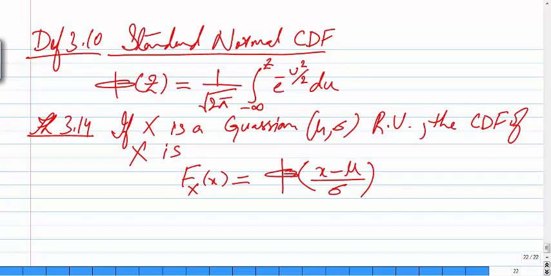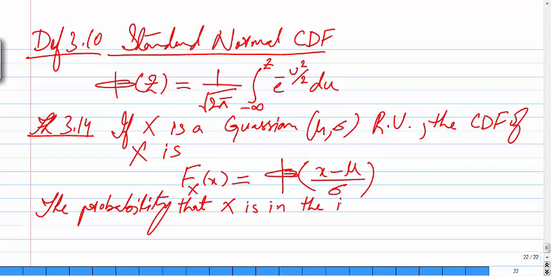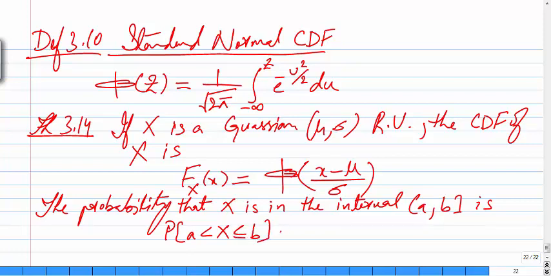So the probability that X is in the interval a and b, the probability of a less than X less than or equal to b, is equal to phi of b minus mu divided by the standard deviation, minus phi of a minus mu divided by the standard deviation.